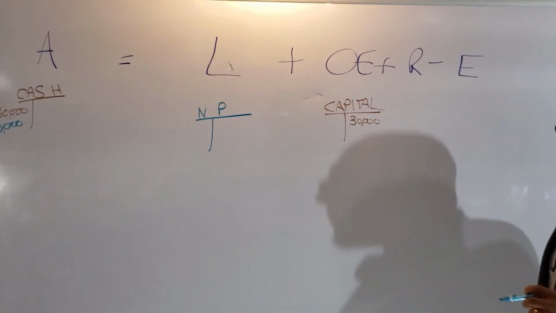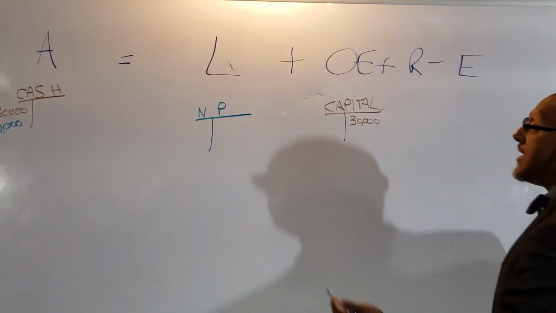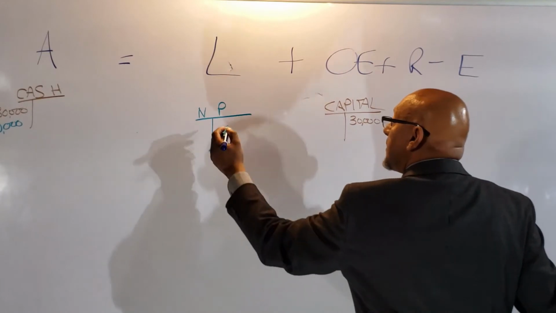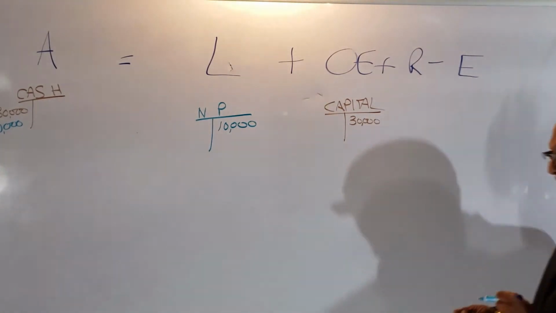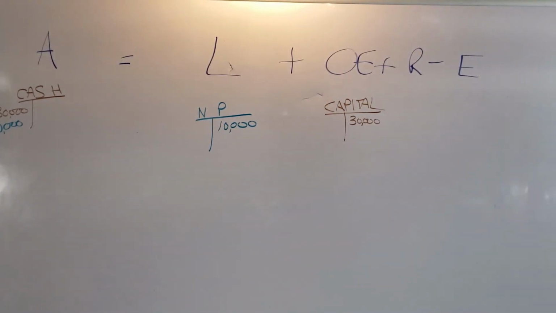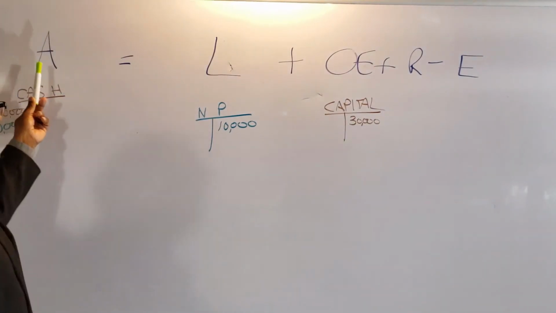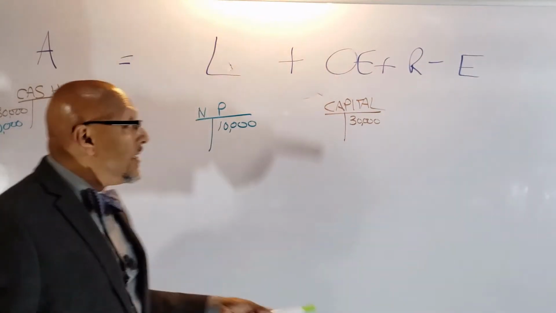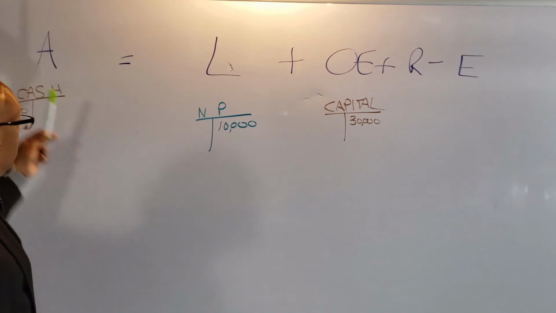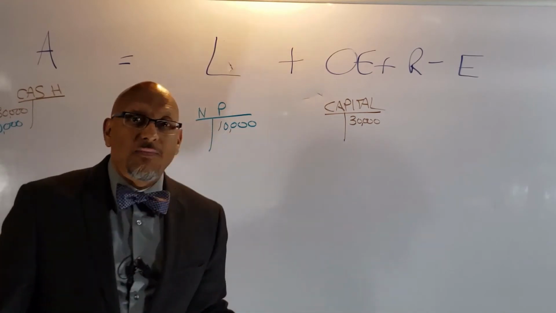And remember again, back to which accounts are increased with credits and which are increased with debits. Liabilities are increased with credits. So we're going to put the 10,000 over here. Always, always, always remember that whatever we do on the left side of this equal sign must equal what we do on the right side of the equal sign, because this must balance. And so far, we have 40,000 over here, 10 plus 30, 40,000.